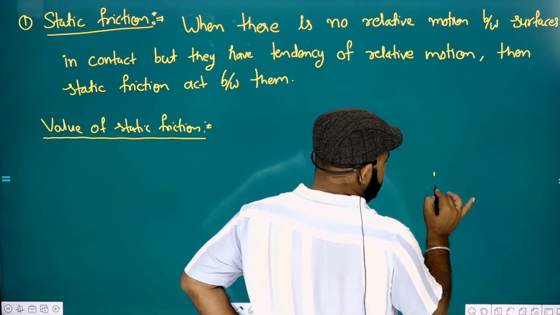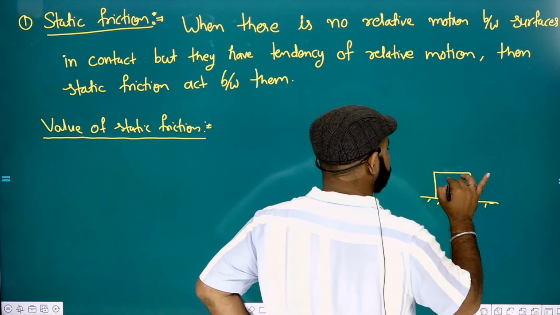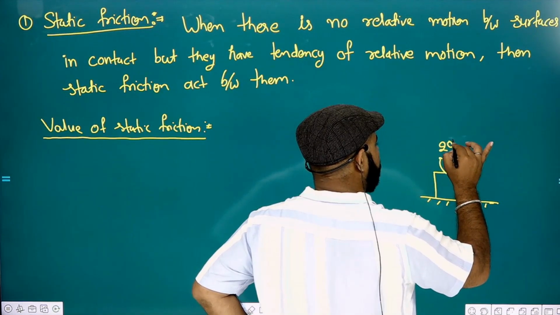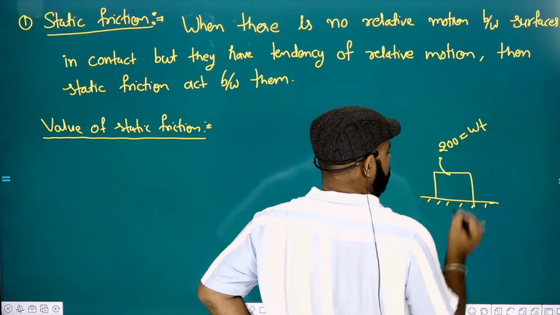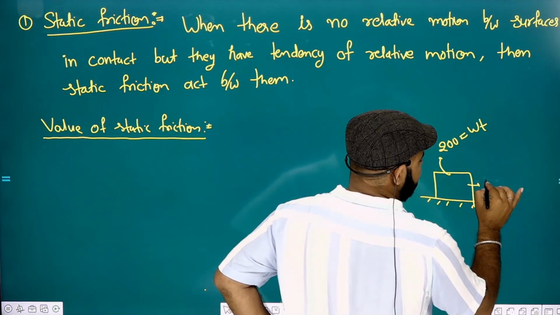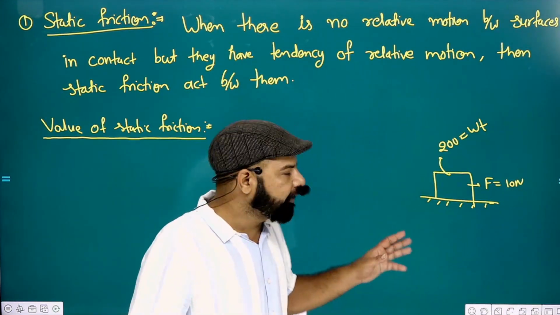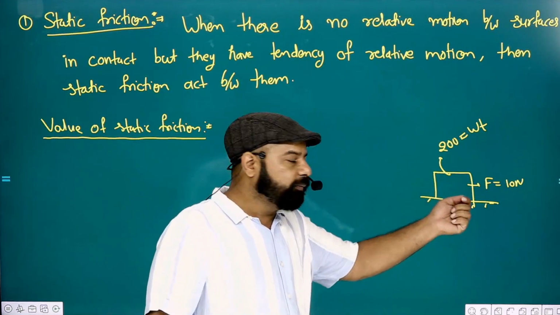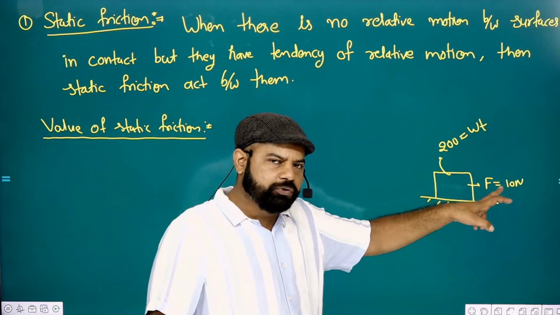In the same example, if its weight is 200 newtons and initially we apply a 10 Newton force and there is no relative movement, it means that friction will be acting and its magnitude will be equal to 10 Newtons.